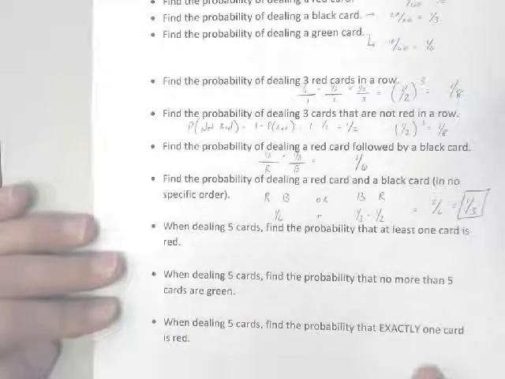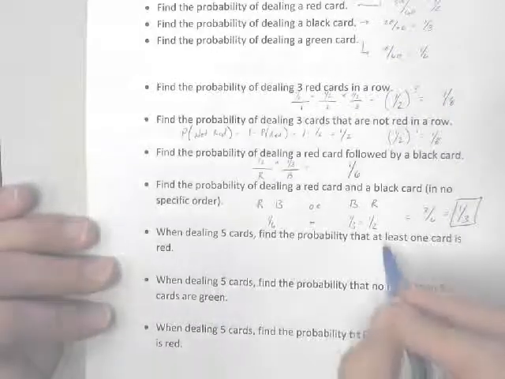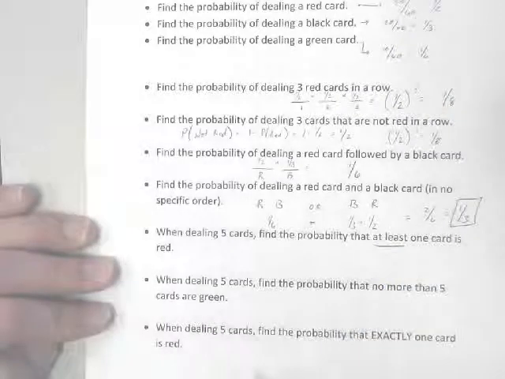Okay, when dealing 5 cards, find the probability that at least one card is red. As we've said before, as soon as you see the term at least, we should be thinking complement. At least one card is red means 1 is red, or 2 is red, or 3 is red, or 4 is red, or 5 are red.